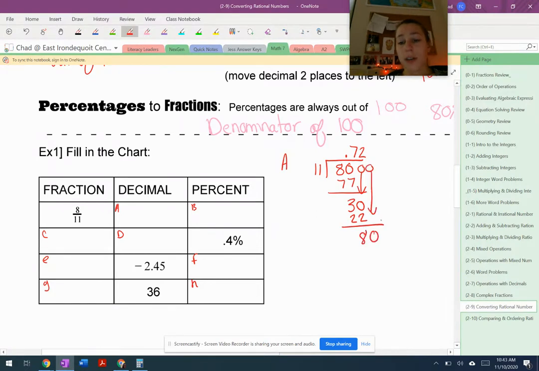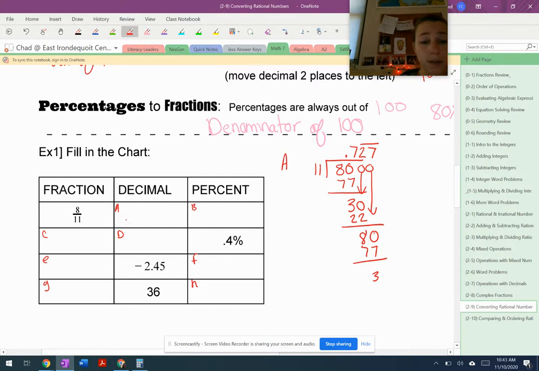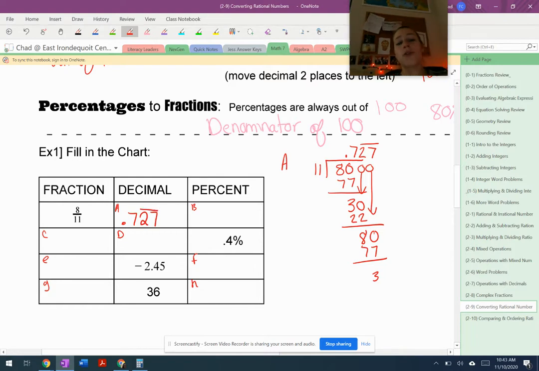Bring down another 0. 11 goes into 80 7 times for 77, and I'm seeing I'm going to have a pattern going on here. So my decimal for 8 11ths is 0.7272, repeating. That 72 is repeating over and over and over again.